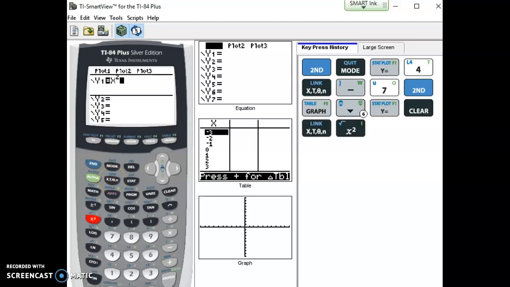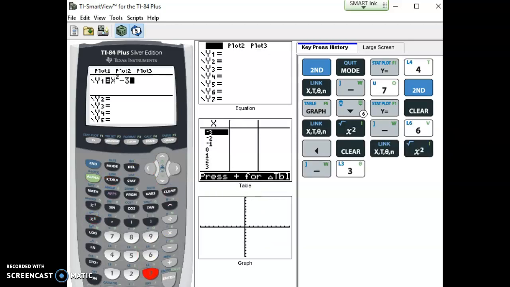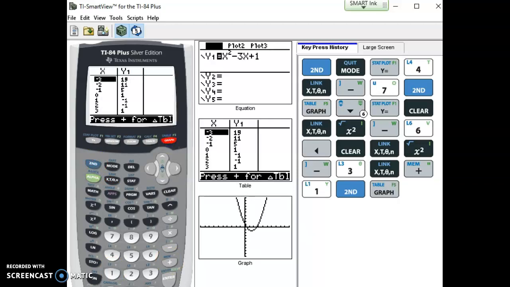So x to the second power minus 3x, and then adding 1. Okay? And all we have to do is press second and graph, which brings up the table. We are looking for an input of negative 2, and there it is. Negative 2 and 11, just like we saw when we did it with paper and pencil.